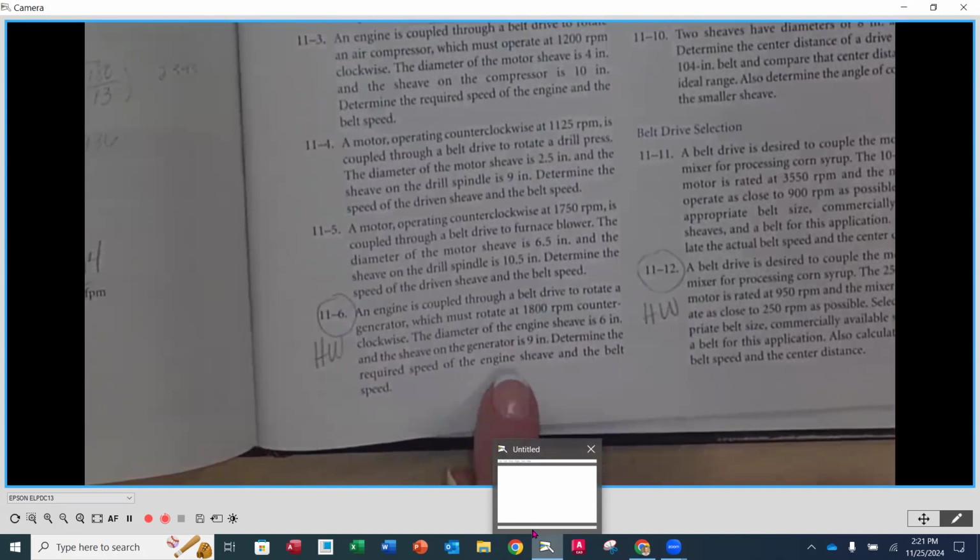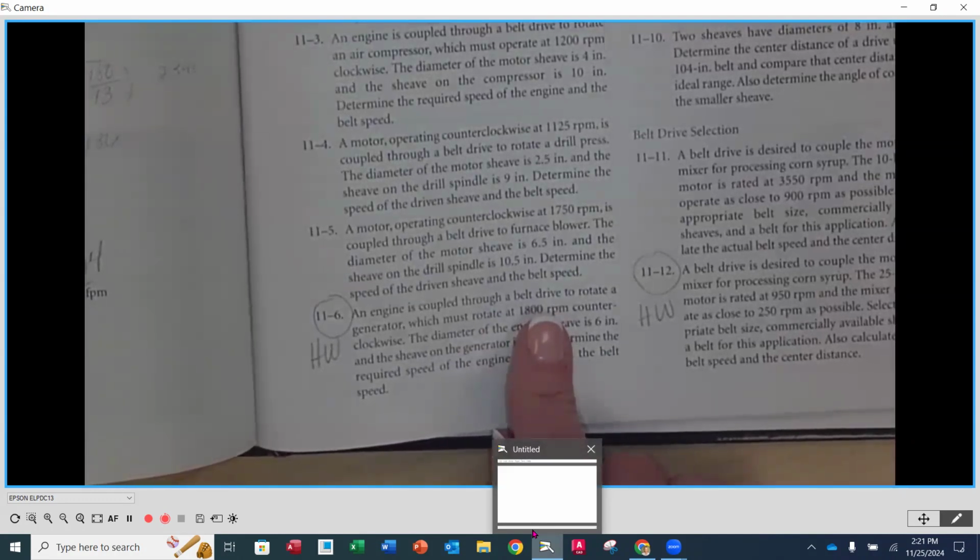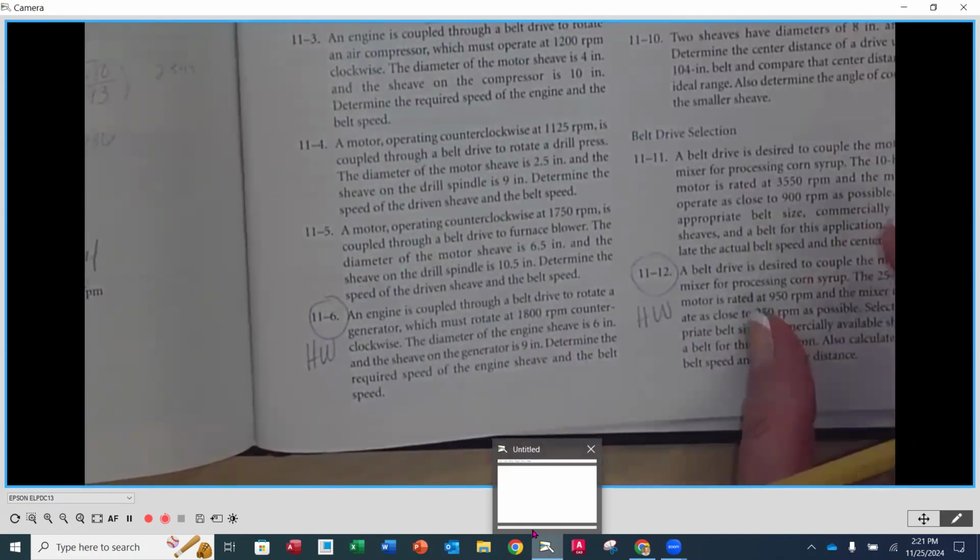Determine the required speed of the engine and the belt speed. So the engine is the input, this is actually W1, and the generator is the output. It's a little bit different, it's actually just rearranging. So that's number 11.6. You would be good with that.